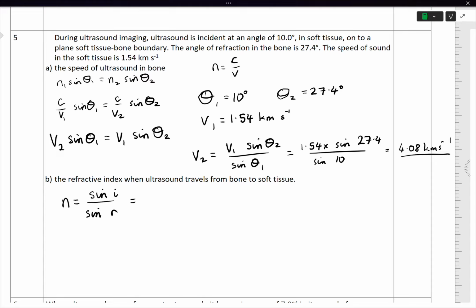Then we're going to picture that instead of going the way that we've said, it's going in the other direction because it's going from bone to soft tissue. So this is the sine of 27.4 over the sine of 10. That gives us a value for the refractive index, the relative refractive index, we should say, of 2.65.